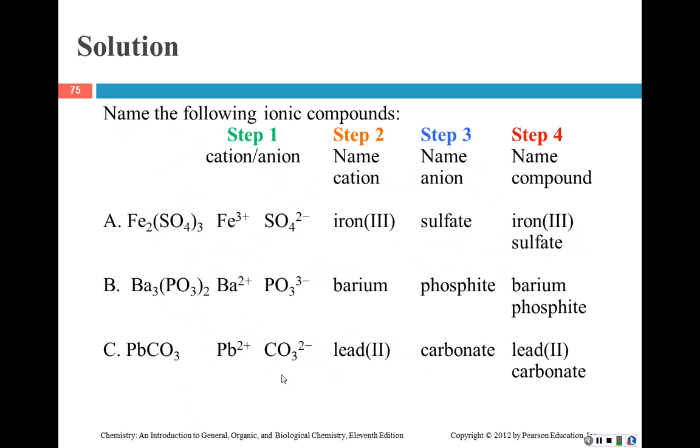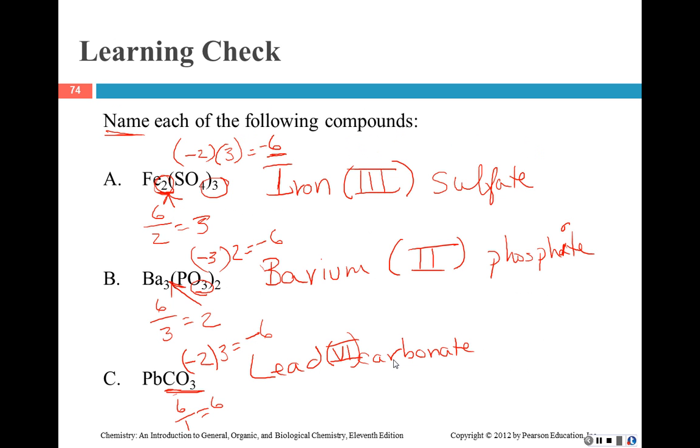Now this says it's lead(II) carbonate. Where did we mess up? You know what I did? I did something that's a common mistake. I'm kind of glad I did it so I can point this out to you. What I did was I looked at the oxygen, didn't I?